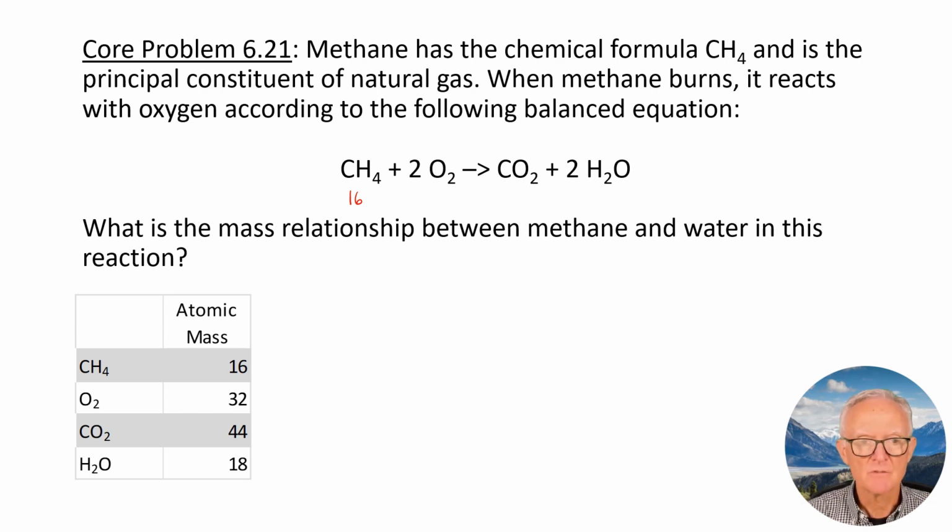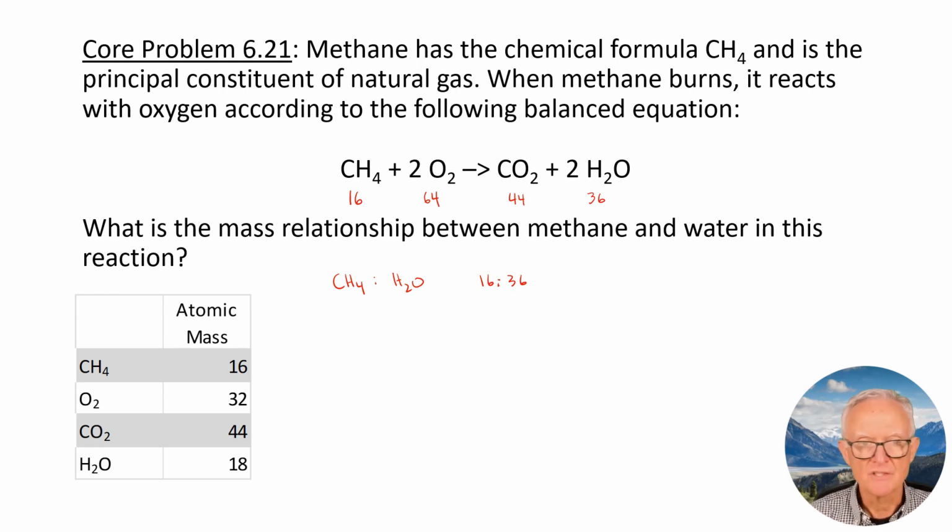So 2 times 32 would be 64 in this example. CO2 is 44, and there's just one of those. But there are 2 waters, so we have to multiply 18 by 2 to get 36. So our mass relationship between CH4 and water in this reaction is 16 to 36. All right, and that's all it wants in this example.